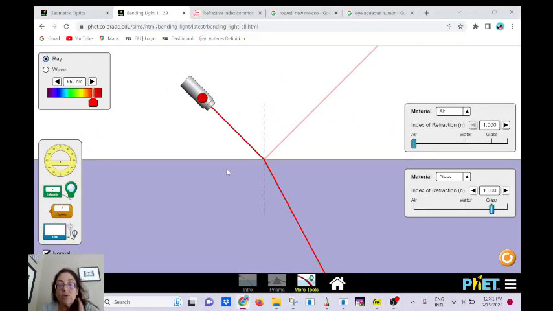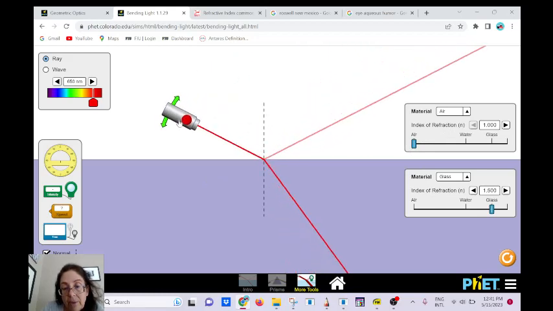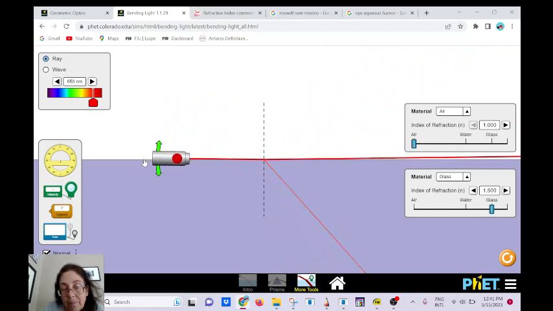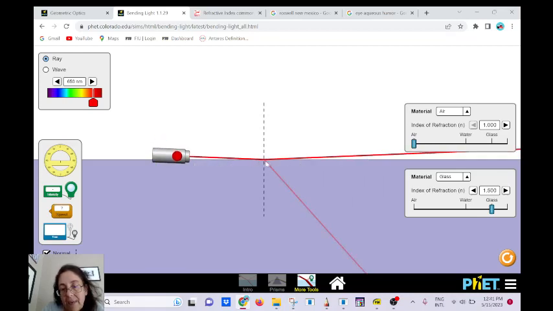So you see here when you go from fast to slow. So here I go from air to glass. You always have a refracted light, okay? Of course, except when you have 180 degrees here. But otherwise, you always have a reflected beam and a refracted beam.